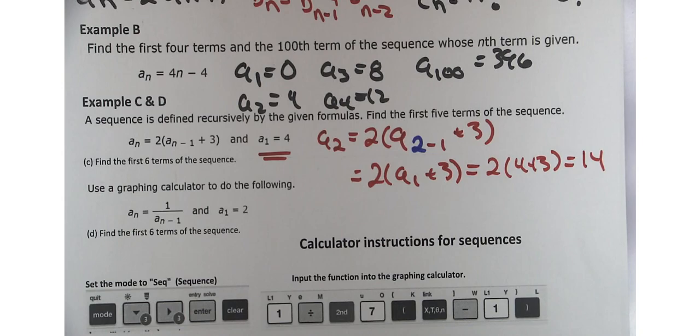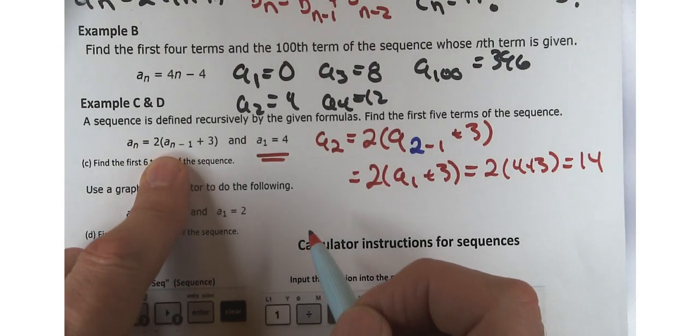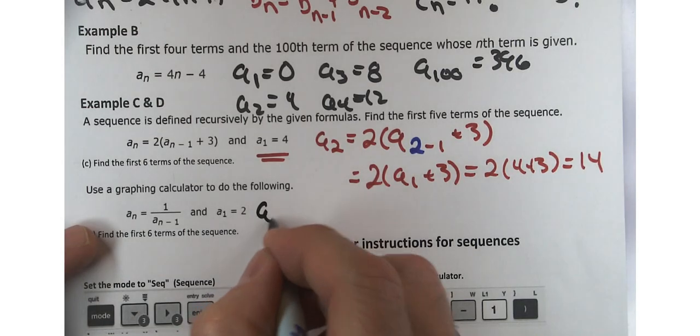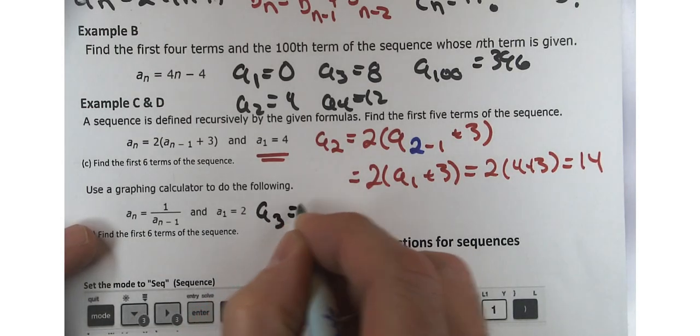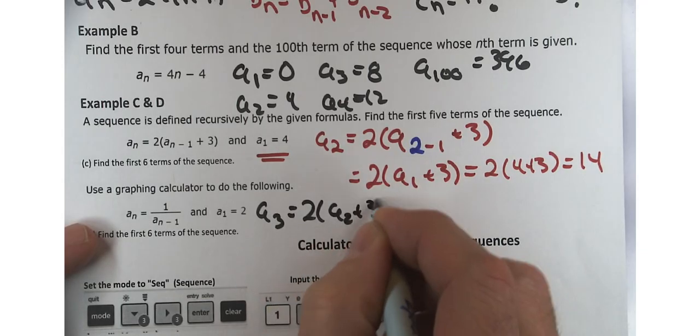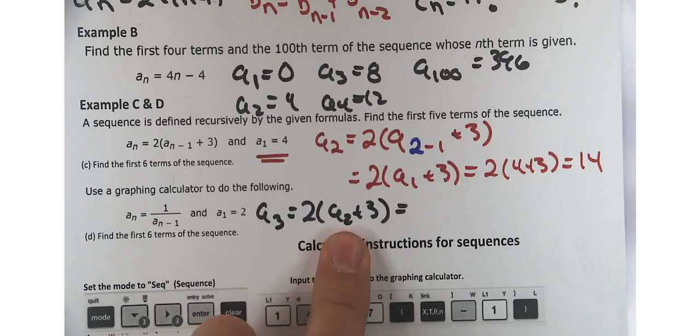Now that I have a sub 2, I can get the next one. But a sub 3 relies on a sub 2. So let's see if we can't figure that one out. A sub 3 is going to be 2 times a sub 2 plus 3. It'd be a sub 3 minus 1, which is a sub 2.